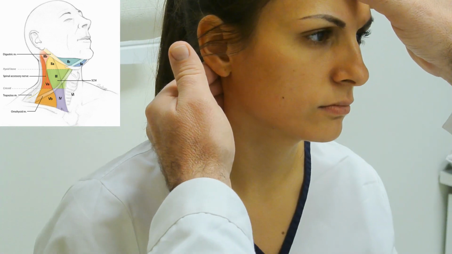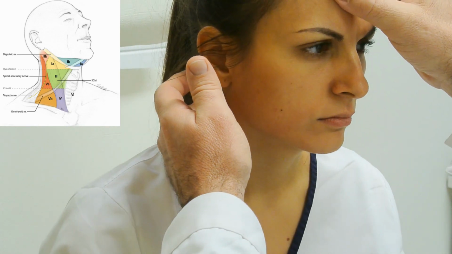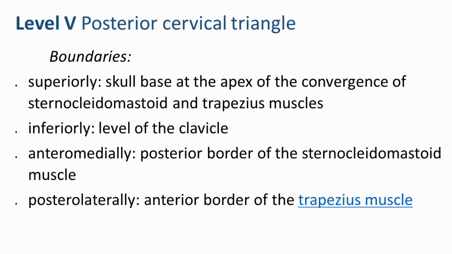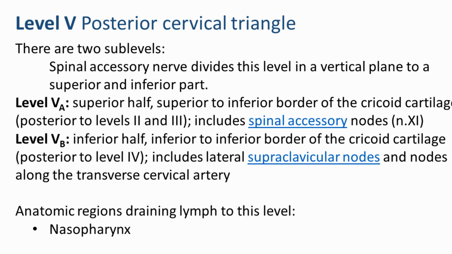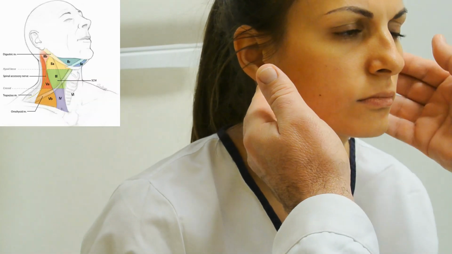In the upper part of level 5, which is called level 5A, lymphatic drainage arises from the nasopharynx. The boundaries of this level, as I said, are the sternocleidomastoid posterior edge, trapezius and clavicle. The accessory nerve running across divides it into level 5A and 5B.